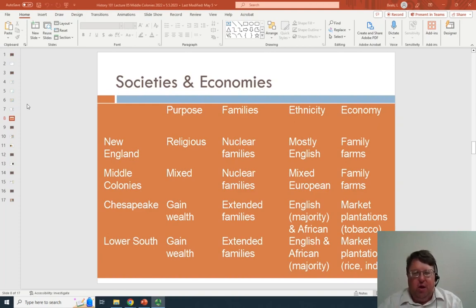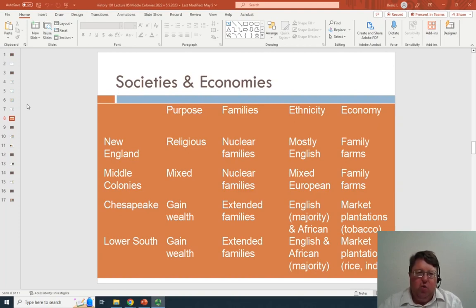And then you get to adulthood, and we look at the life expectancy of older colonial New Englanders. They live longer, into their 70s and 80s. People are hitting their 80s, which is pretty good for that time period. In the middle colonies, we see a little bit fewer people living to their 60s and 70s, and in the South, if you add in the slave population, life expectancy, 50s is old, and so they're dying a lot more.